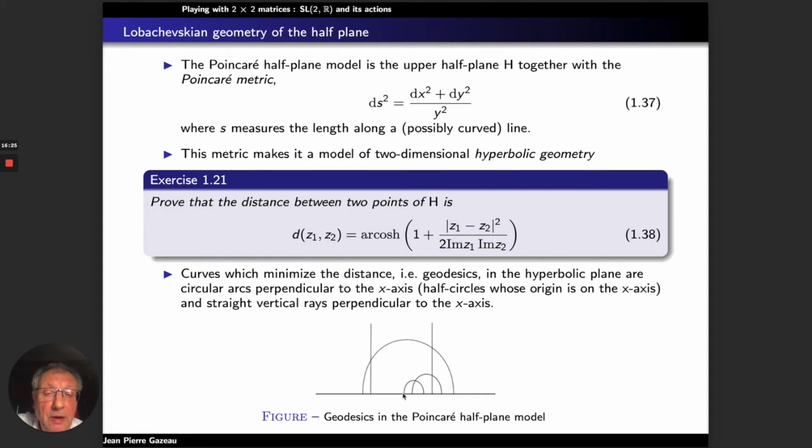Okay, they are curves of this type. They can be extremely small, more and more important, and also when the radius is reduced to 0, they are just half lines starting from the real axis.